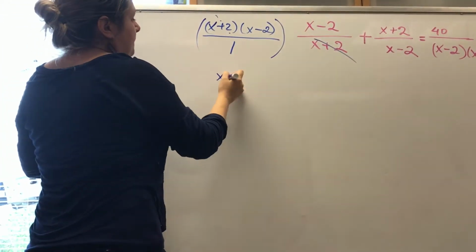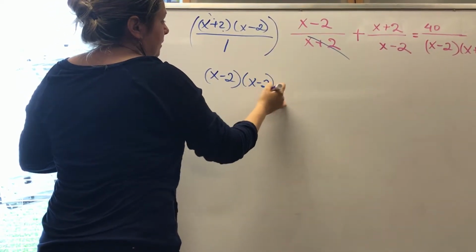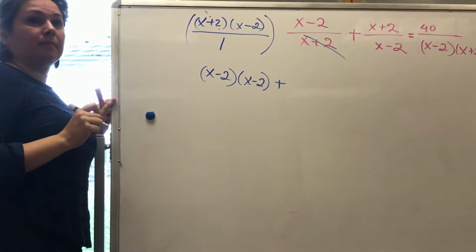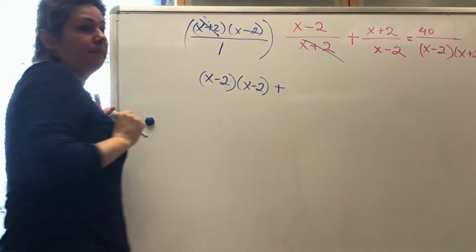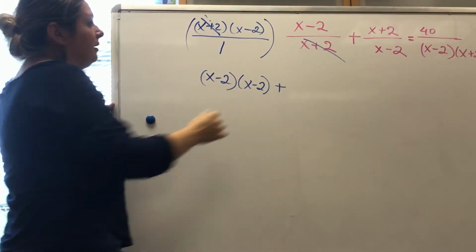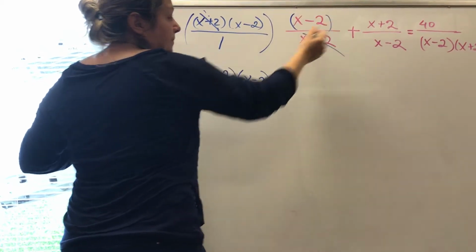So what will I have left from this marriage? X minus 2, plus. I only have one. Okay, I'll show you why. So I've reduced that. These two are left. Does that make sense?